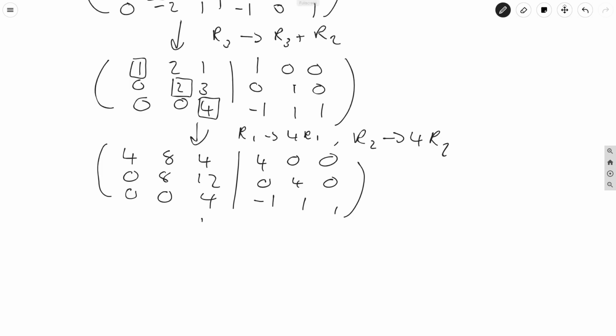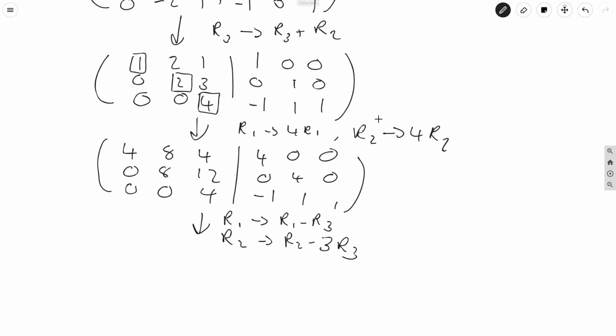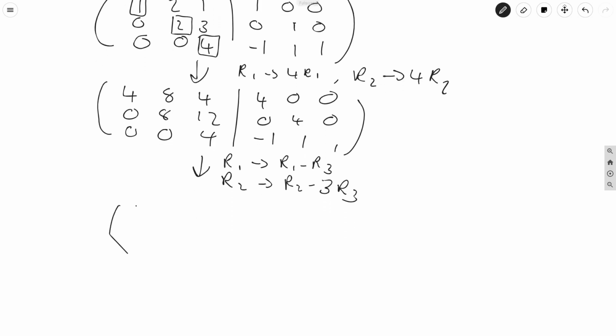Okay? But now this should be pretty easy to reduce this system of equations. So let's send row 1 to row 1 minus row 3, and row 2 to row 2 minus 3 row 3, because this is a 12. And let's see what we get. We got a 4, 8, 0, 8, 0, 0, 4, 0, 0.